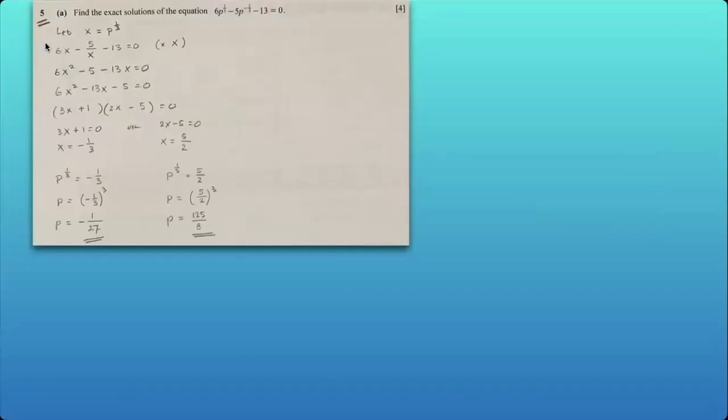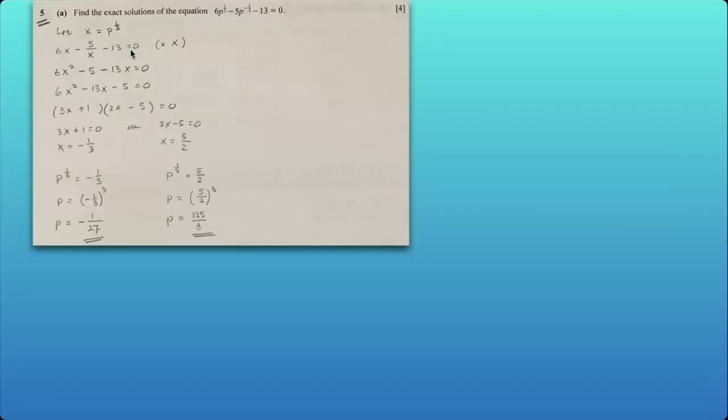Next, question 5. Part A, find the exact solution. Exact means no decimal, basically, of this given equation. Now, let x is equal to p to the power of 1 over 3. So we have 6x subtracted by 5 over x subtracted by 13.